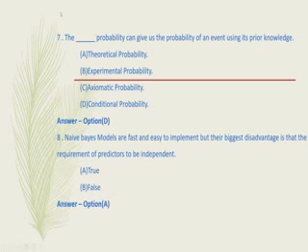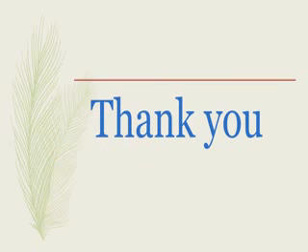Next question: the Naive Bayes algorithm is a dash dash learning algorithm. First option is supervised, second reinforcement, third unsupervised, fourth none of these. Answer is A, supervised learning algorithm.